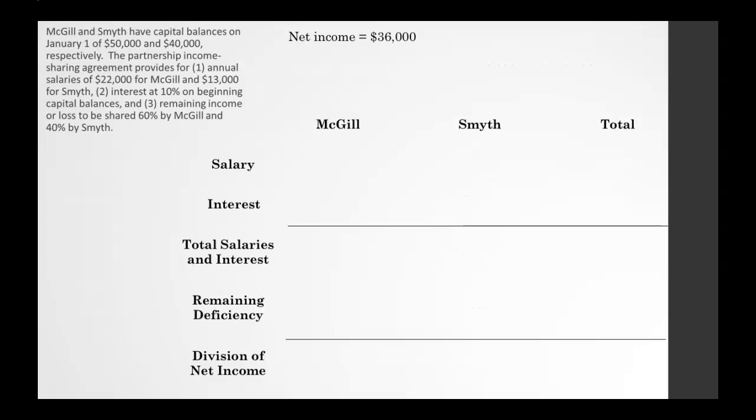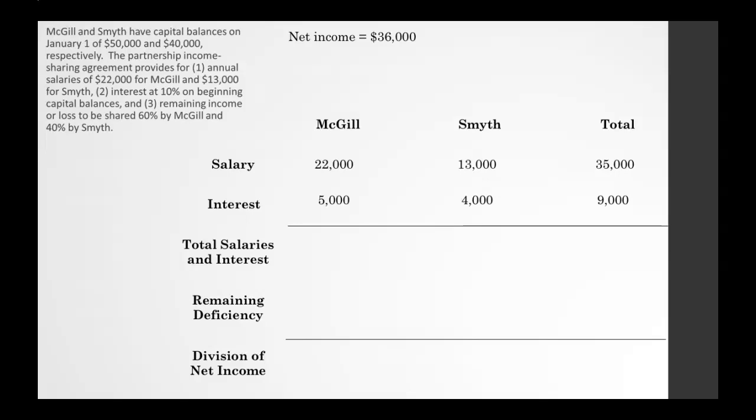So now what changes when the net income drops down to 36,000? Well, salaries are still the same, right? McGill's still going to get 22,000. Smith is still going to get 13,000 because that's what this income sharing agreement lays out. Interest, it's still 10% on the beginning capital balances.